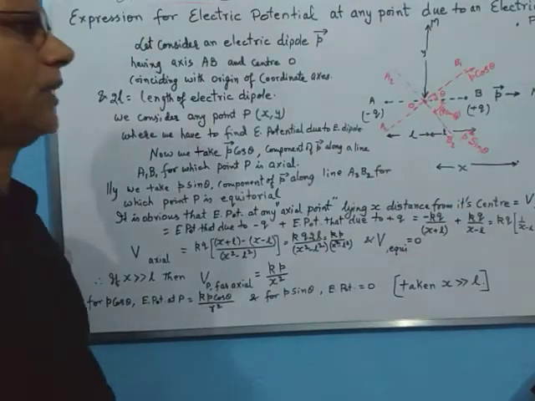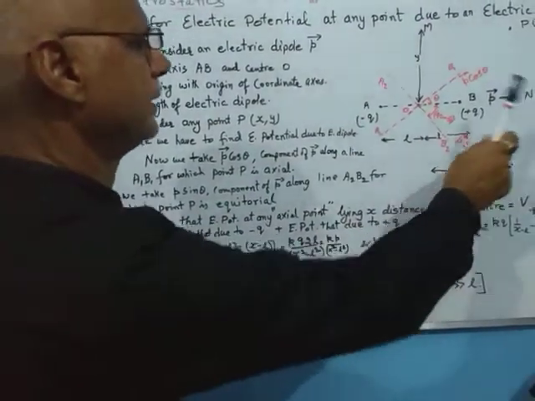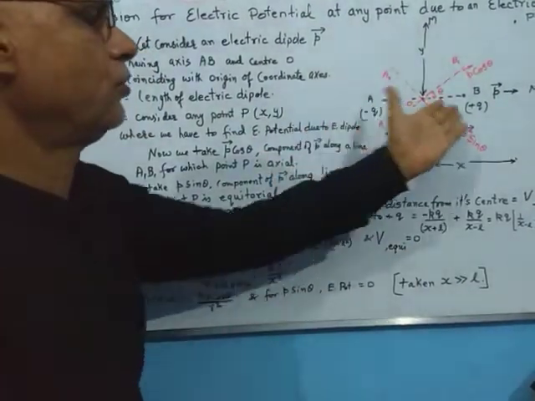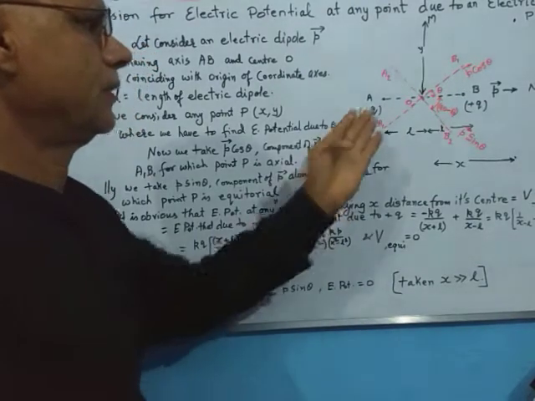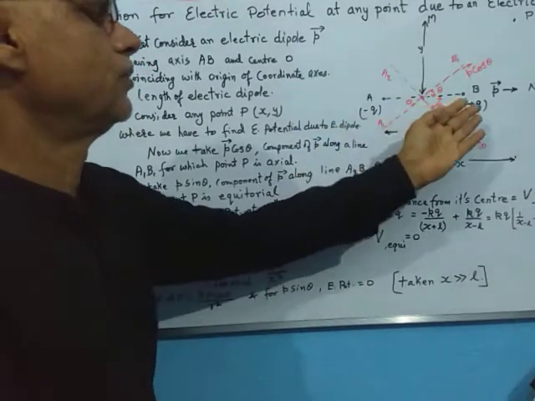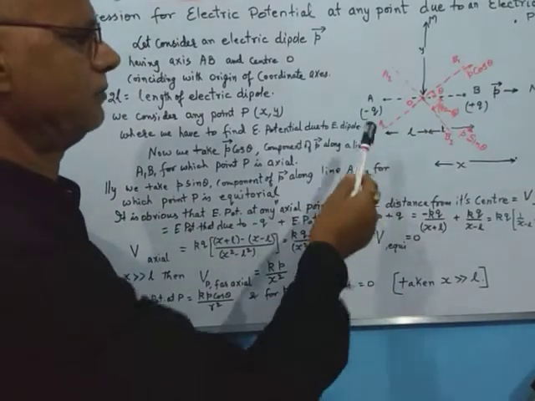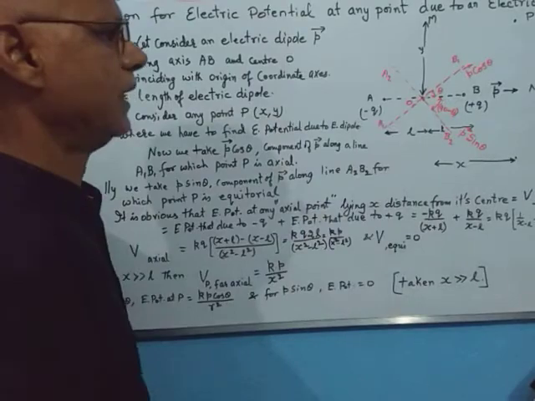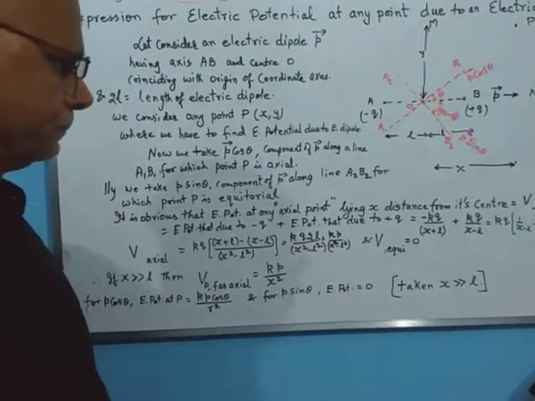So that way we have the distances of point B and point A from point n, which is lying on the axis of the dipole. We have to find the electric potential. Now the electric potential will be that due to minus q charge at point n plus that due to plus q charge at point n.